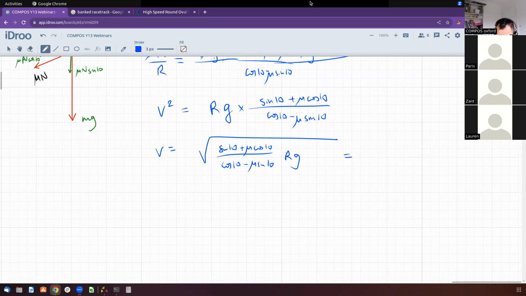Square root of sine 10 plus 0.1 times cos 10, square bracket, over cos 10 minus 0.1 times sine 10, multiplied by 200?